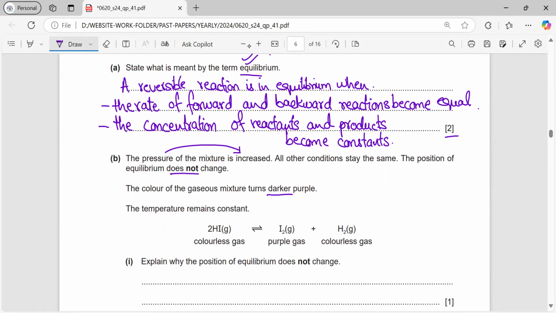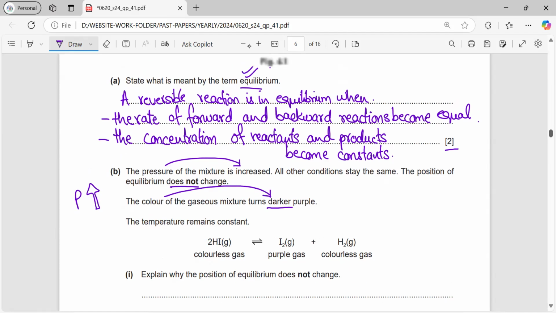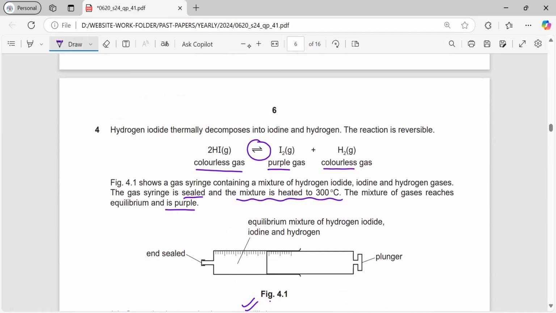Now, in this question, they are saying that we are increasing the pressure, but when we increase the pressure, the equilibrium position does not change. But the color of the mixture gets dark purple. It means that more of the iodine gas is produced. That's why the mixture is turning purple.